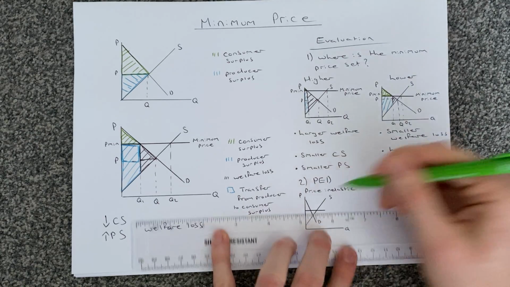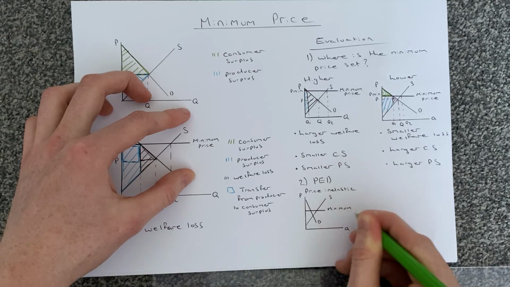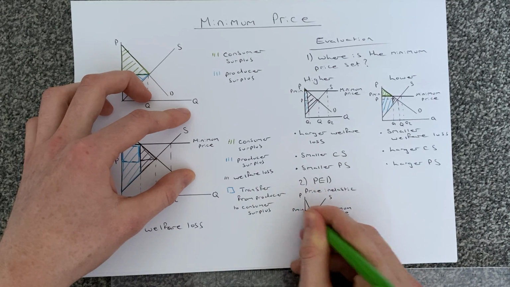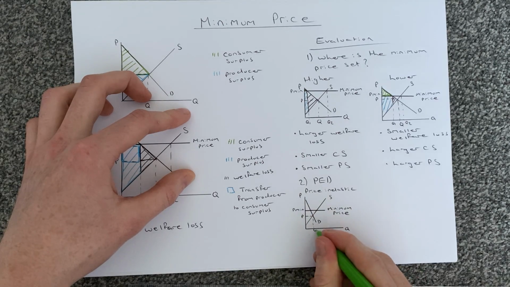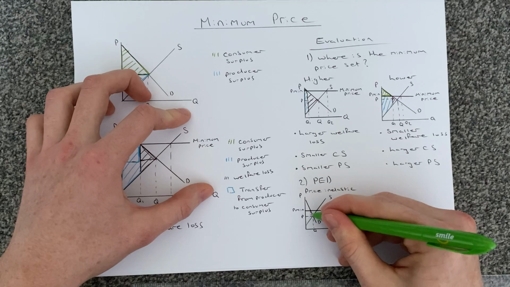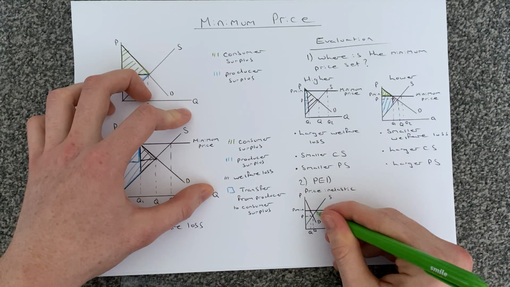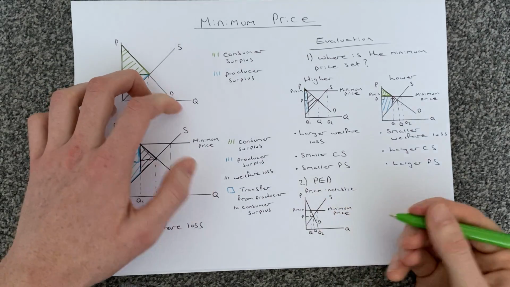Label the minimum price, P min, we'll label our original market equilibrium, PQ, we'll add in our quantity demanded at Q1, and our quantity supplied at Q2.